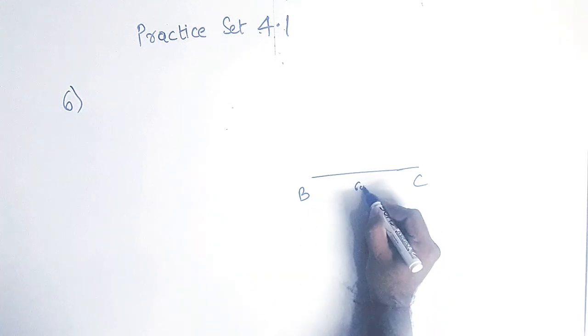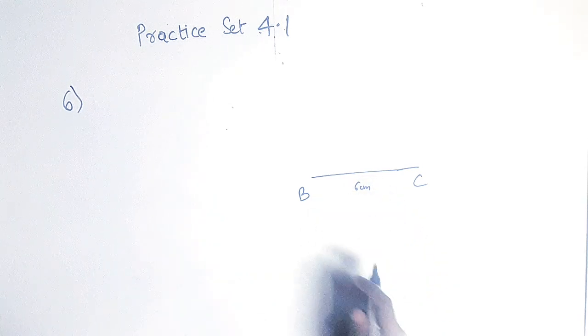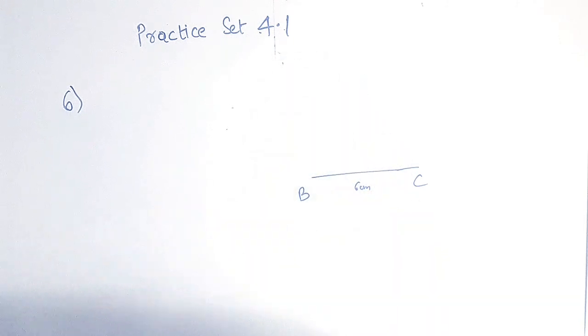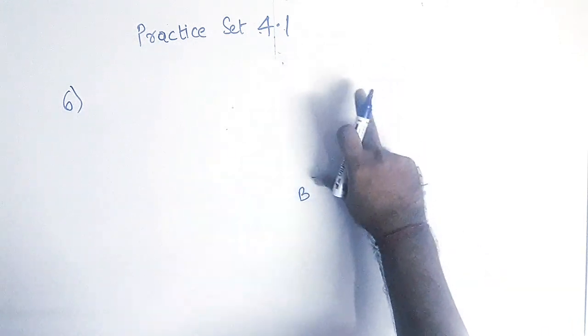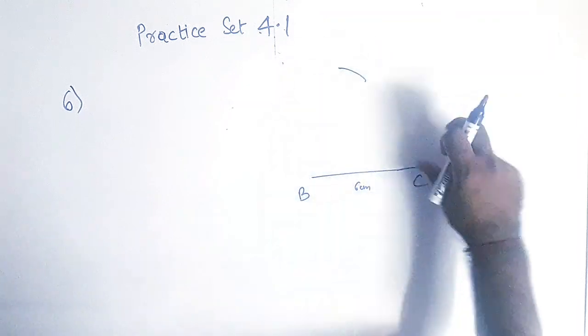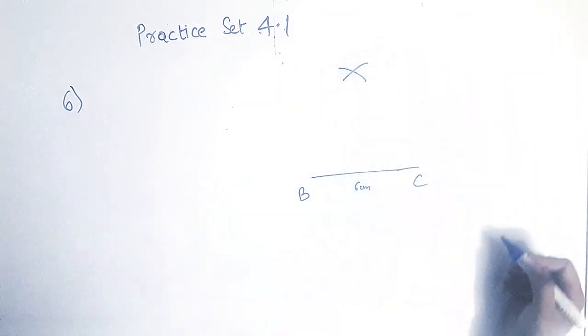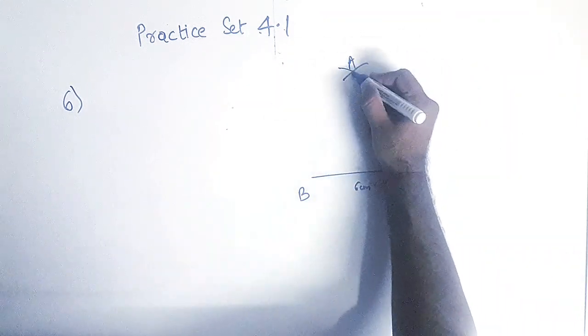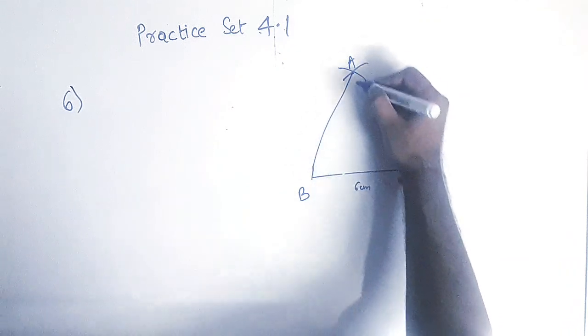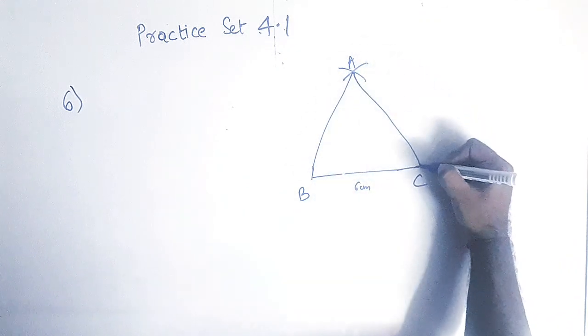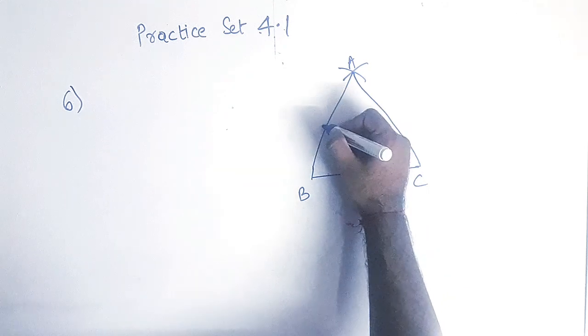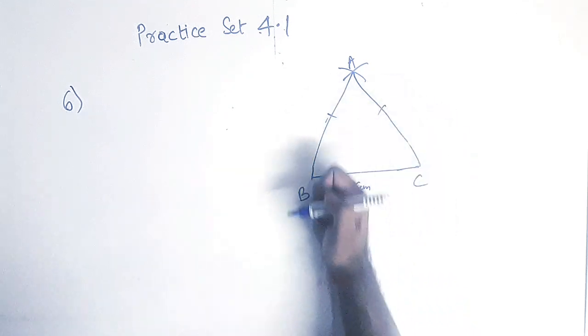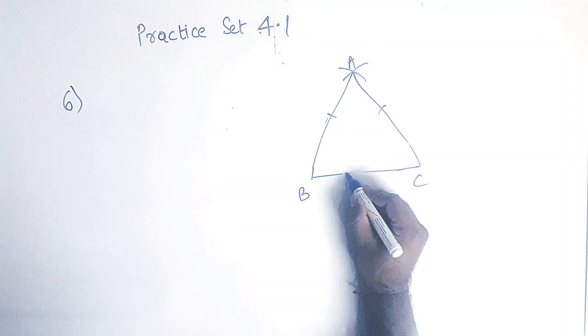And because it is an isosceles triangle, I'll take 8 centimeter from B, and from C also 8 centimeter. Because AB and AC will be congruent, this becomes an isosceles triangle.